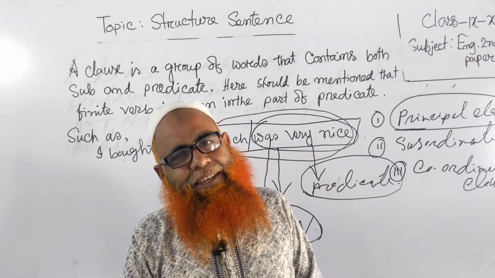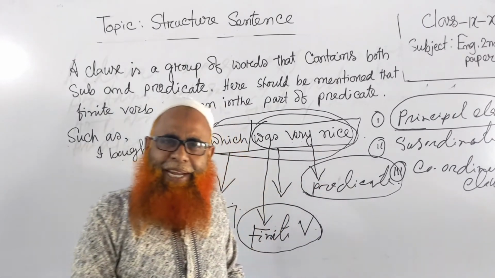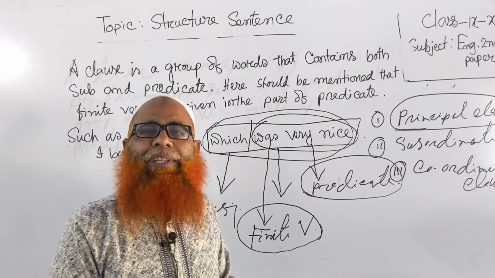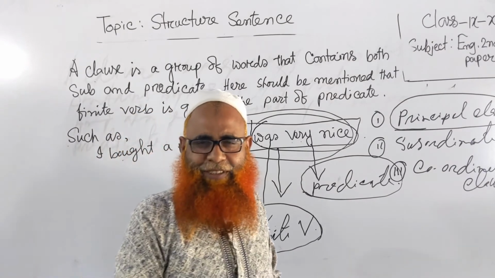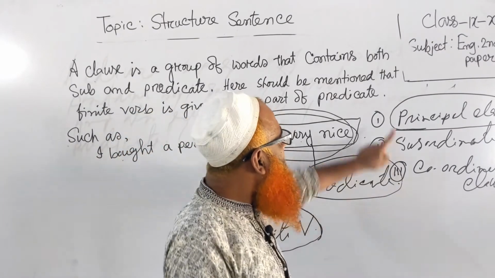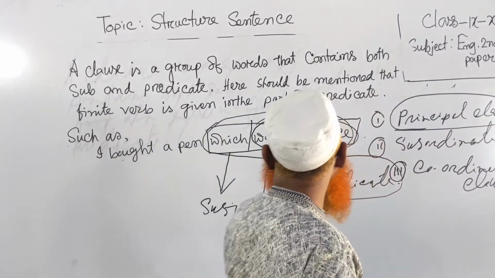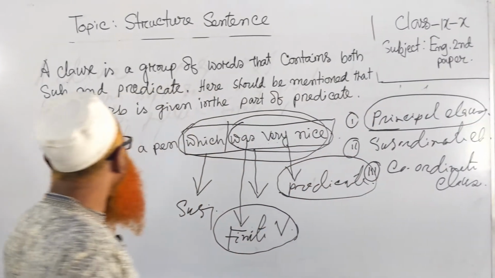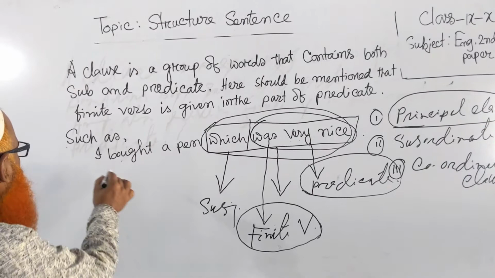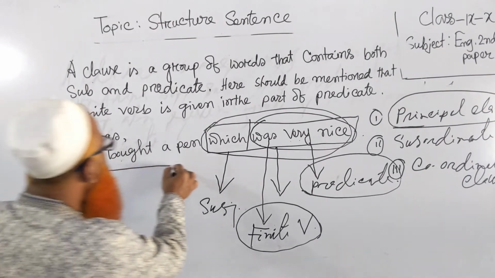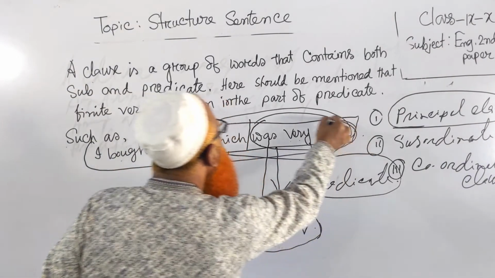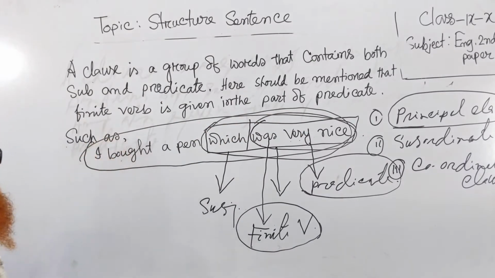That is, it can complete its meaning without the help of other clauses. So it is called principal clause. We notice the previous example: I bought a pen which was very nice.